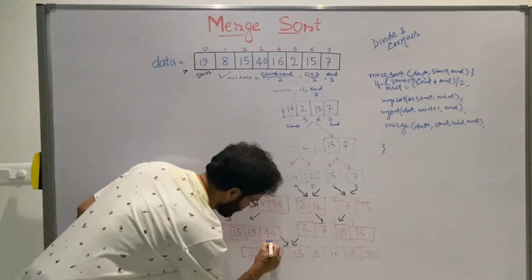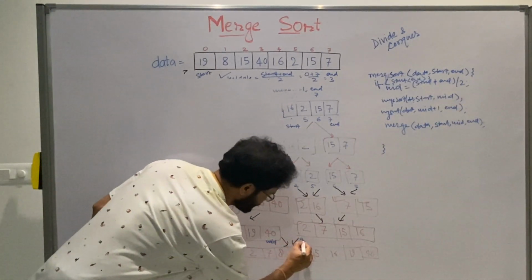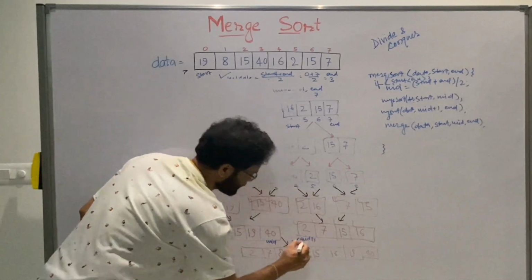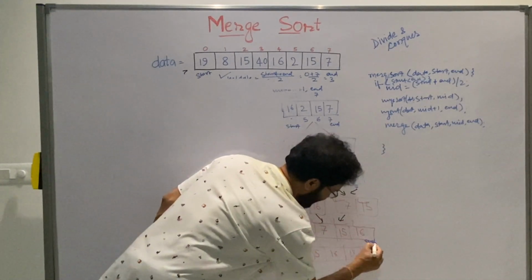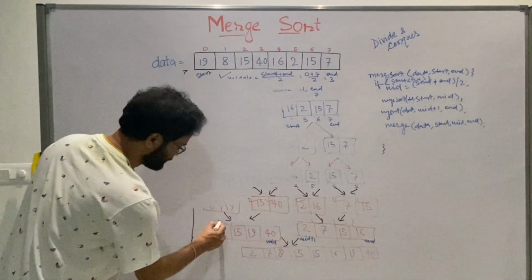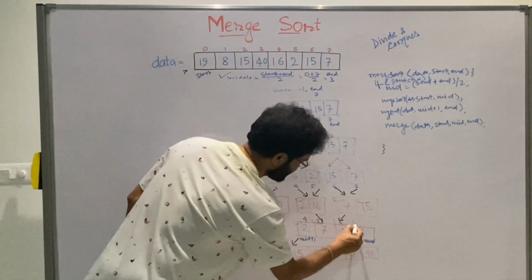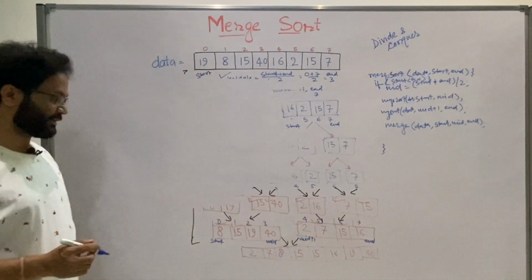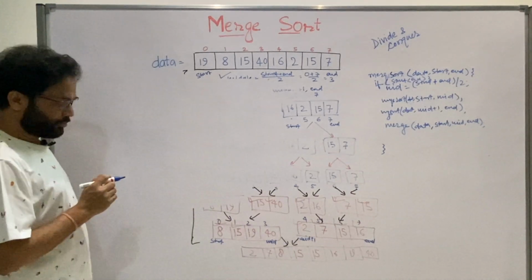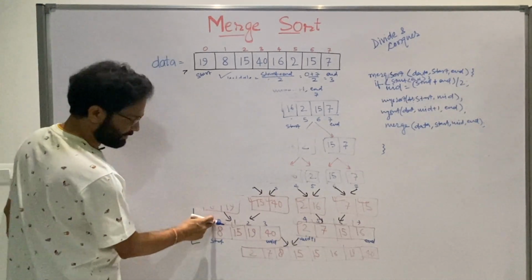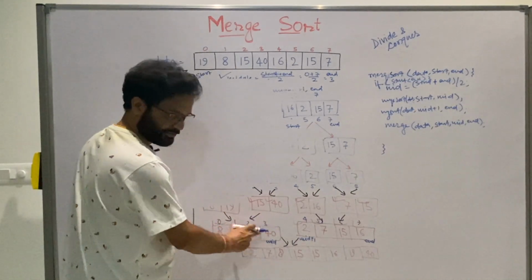This is your mid, this is your mid plus 1, and this is your end position, right? So if this is you here, 3, 4, 5, 6, 7, these are the indexes. So we have to start from here till here for this array, right?